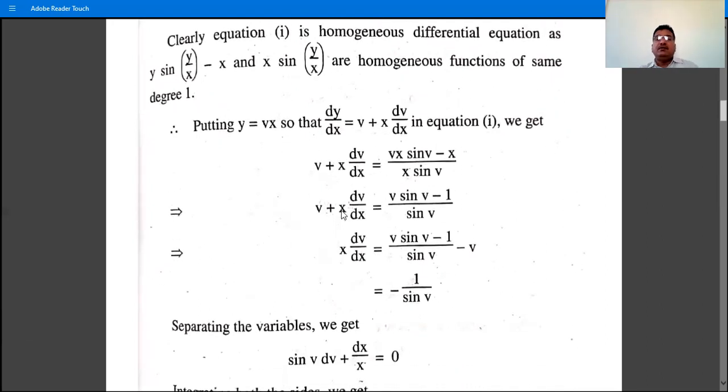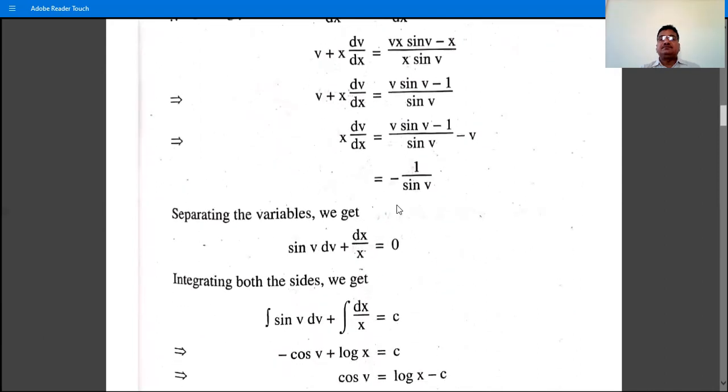Then take x as common and cancel the x, so v sin v minus 1 divided by sin v. And so x dv by dx is equal to v sin v minus 1 divided by sin v, minus v. Then take sin v as common, so v sin v minus 1 minus v sin v, so it becomes minus 1 by sin v.